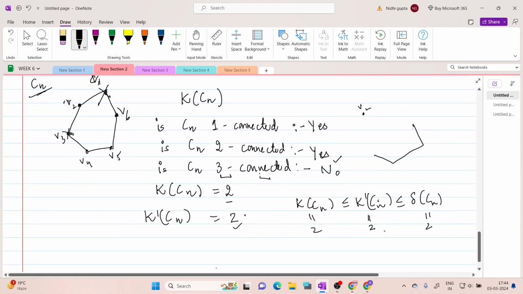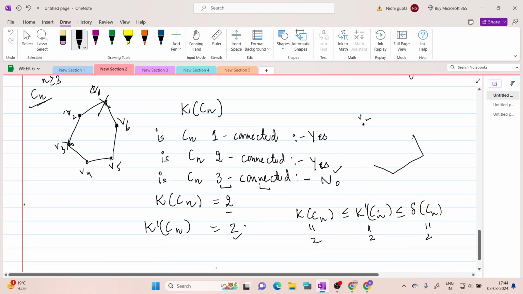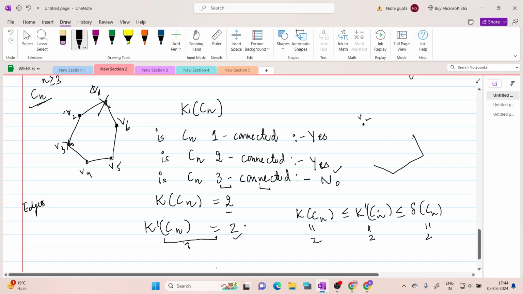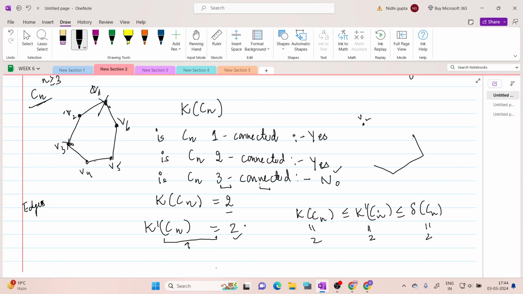Now in Cn, can you give me an edge cut of size 2? Edge connectivity is the minimum size of an edge cut. That means if we remove 2 edges, then this graph becomes disconnected.